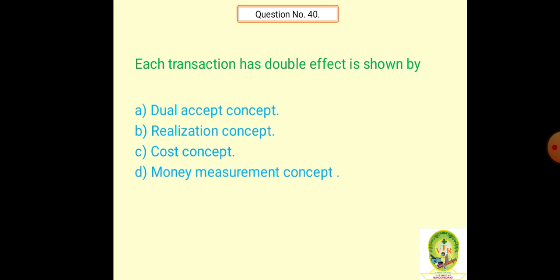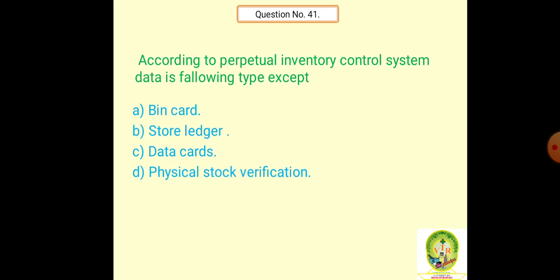Every transaction has double effect is shown by, options are A. Accept concept, B. Realization concept, C. Cost concept, D. Money measurement concept. Right answer is A. According to perpetual inventory control system, data is following type except, options are A. Bin card, B. Store ledger, C. Data card, D. Physical stock verification.